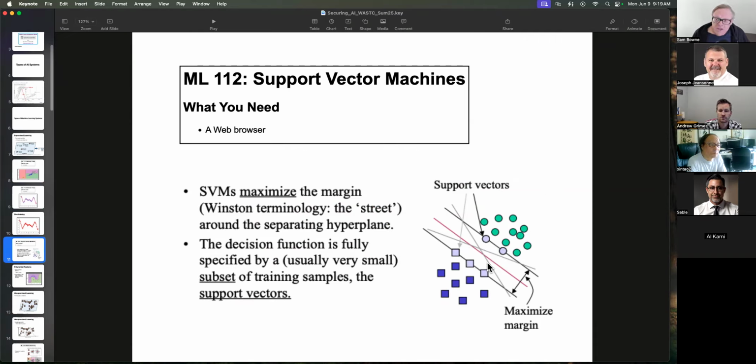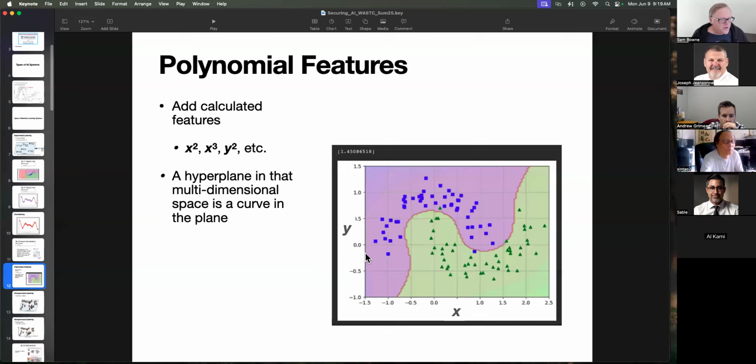So you can do certain jobs as long as you can separate some data from other data with just a straight line. That might seem very limited, but it's not very limited, as any scientist will tell you, because if you ever plot anything in science that's not a straight line, you make it a straight line by putting it on semi-log paper, log paper, paper where one axis is squared or something like that. And so what you do, if you have x and y, you then make it a multi-dimensional problem by adding x squared, x cubed, x to the fourth, y squared, y cubed, y to the fourth.